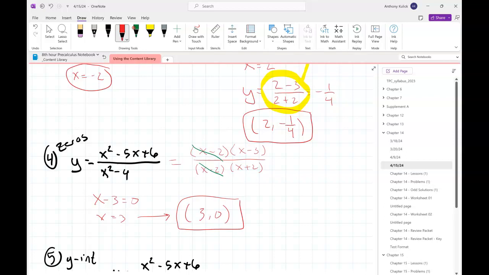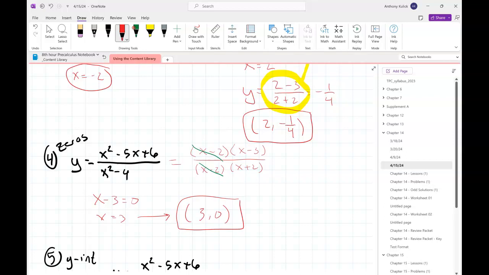Removable discontinuity, the completely reduced factors from the denominator set equal to 0. The zeros is the reduced numerator set equal to 0.